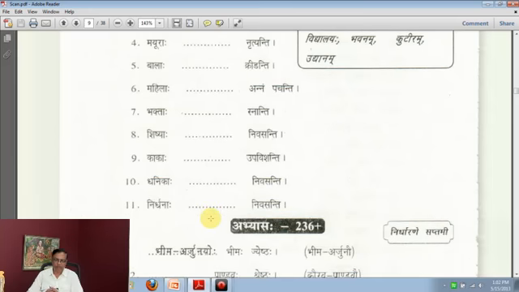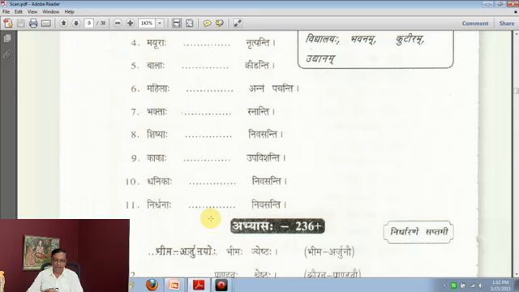And the 11th one, nirdhanaha. The only word left out is kutiram, hut. Nirdhanaha kutire nivasanti. Poor people live in a hut, while dhanikaha bhavane nivasanti. Parantu nirdhanaha kutire nivasanti.